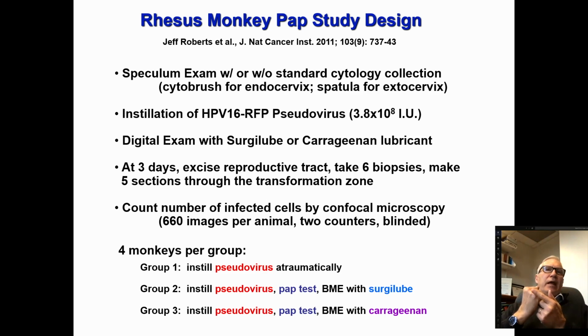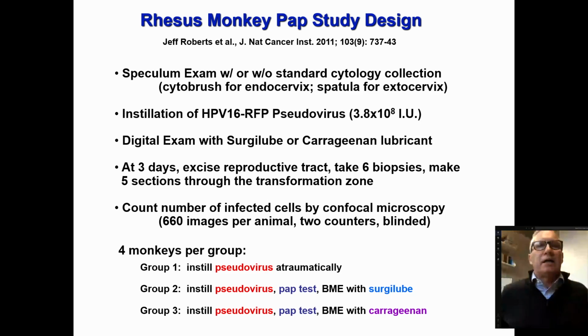And then 3 days later, we sacrificed the animals and excised the reproductive tract and then sectioned it, and then basically on slides counted the number of infected cells by confocal microscopy, looking at over 600 images and two separate counters doing this blindly.